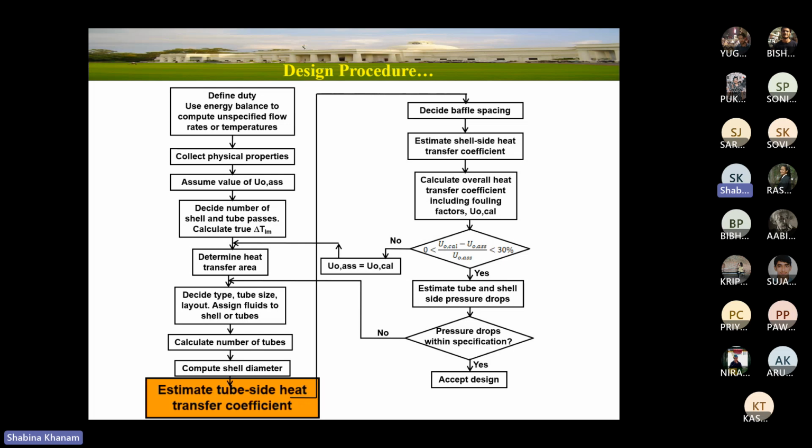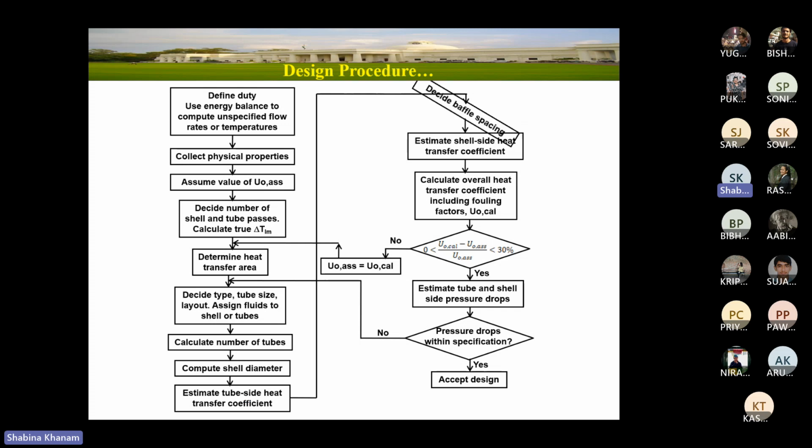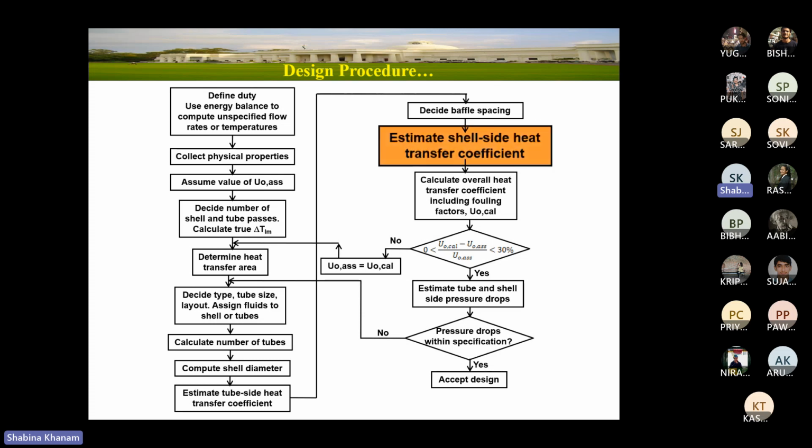Once I have the tube side coefficient, that is hi, you need to proceed to the shell side calculation. Shell side calculation means you need to calculate the shell side heat transfer coefficient, and for that you need to decide the baffle spacing and baffle cut. How to decide that? That we have discussed in the last class. And then you will proceed to the shell side heat transfer coefficient. So let's see that further.